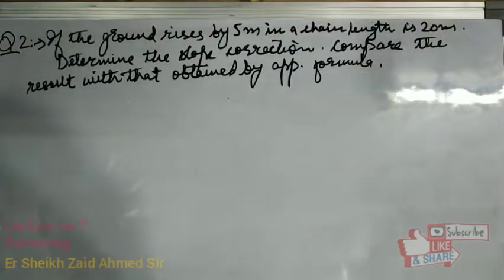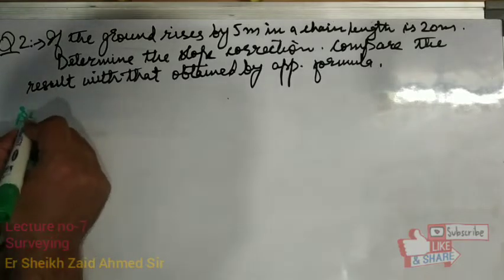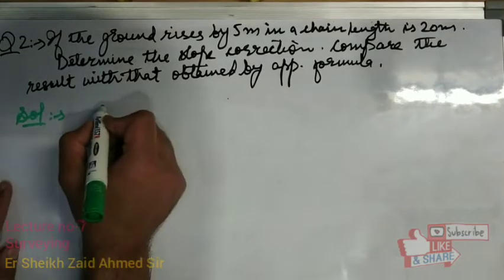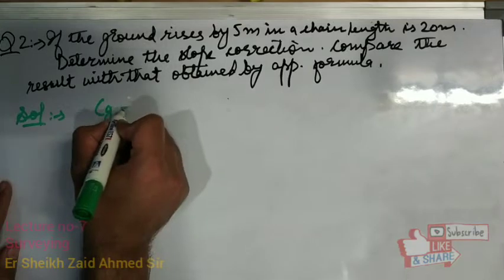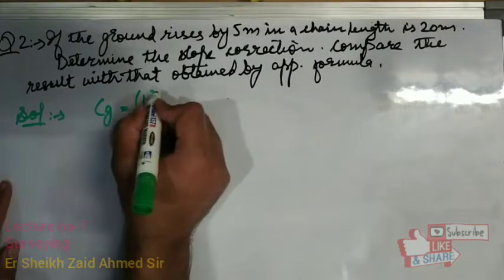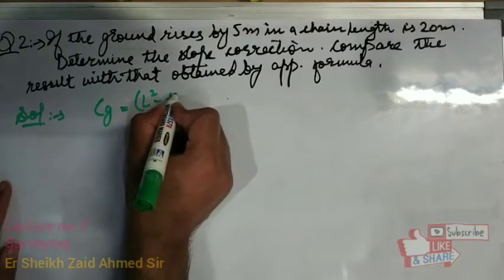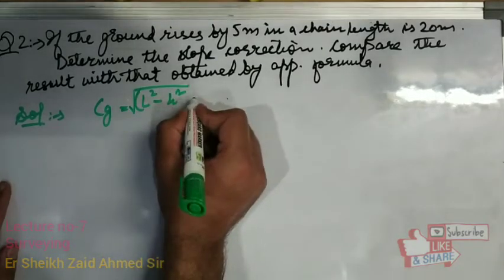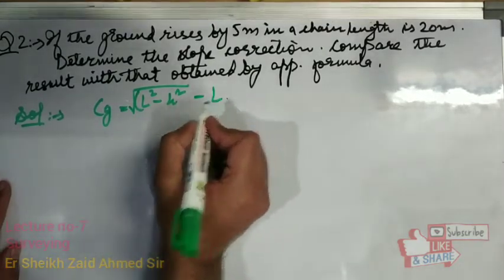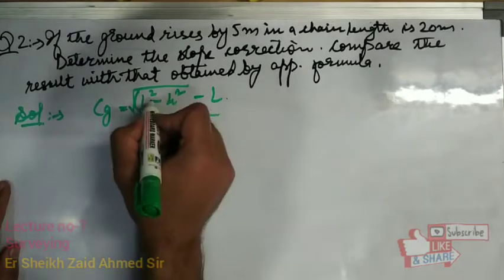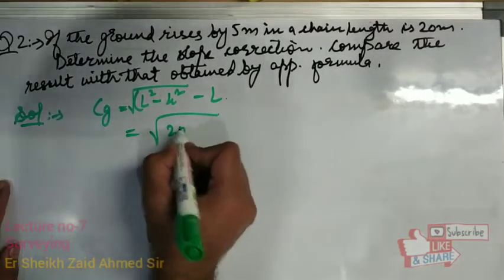Now see how we'll solve this question. He has given that in a chain length of 20 meter, ground rises by 5 meter. So here we will use the formula of slope correction as Cg is equal to square root of L square minus h square, minus L, where capital L is 20 meter, that is chain length.